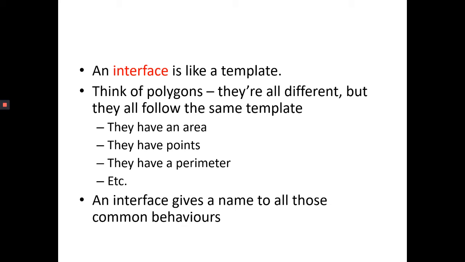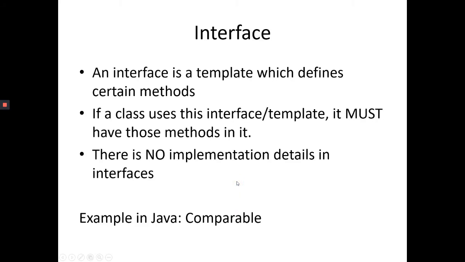An interface is just giving a name to those common behaviors so that any polygon that you create will conform to that interface or to that name. Let me give you a few more points about that. The point of an interface is strictly to define certain methods. There's no implementation details.